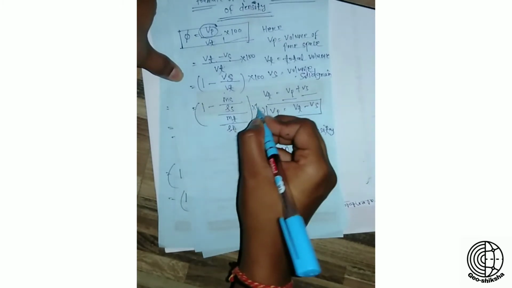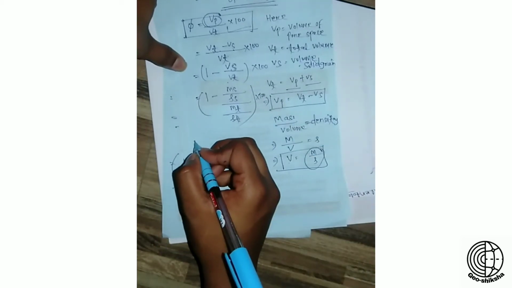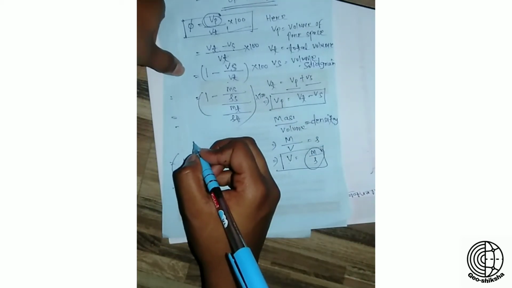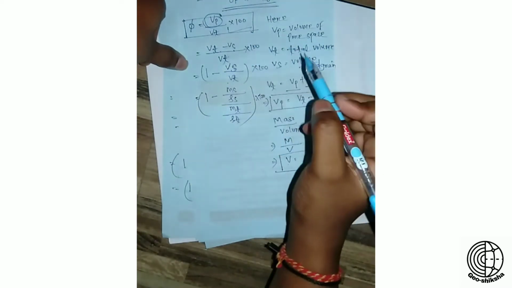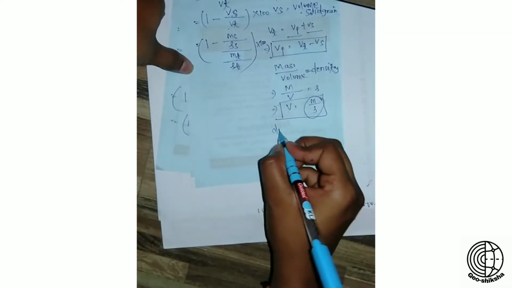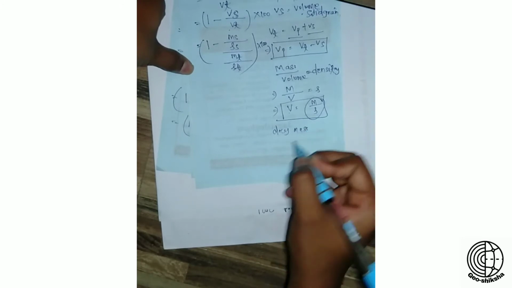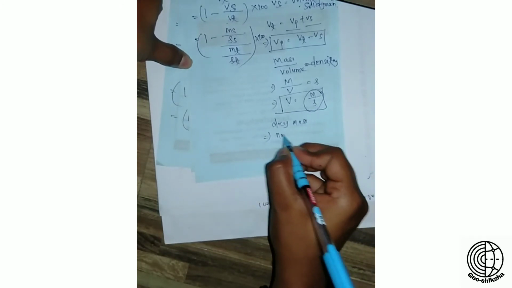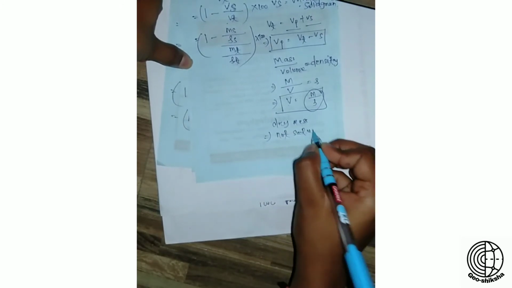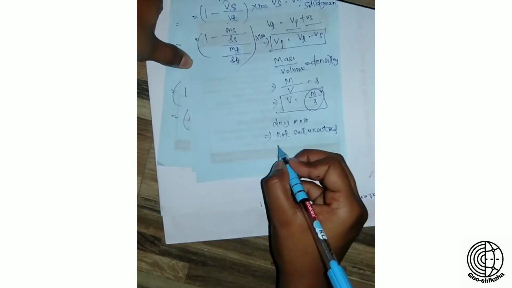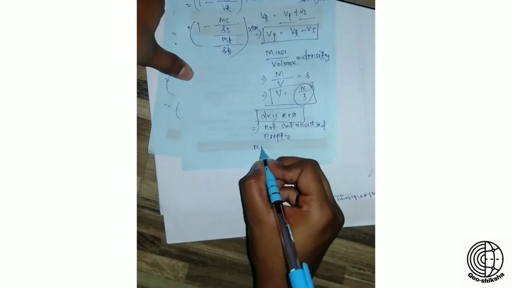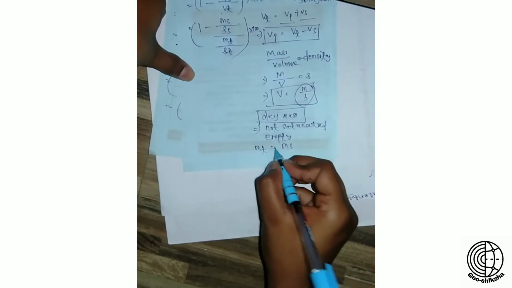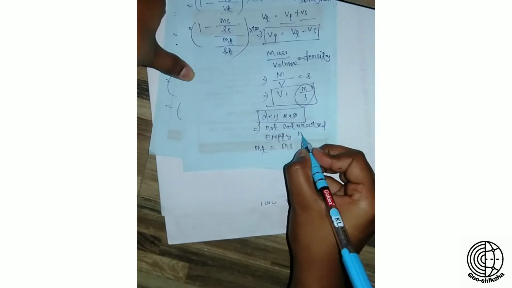This is a very important thing: this density formula is only applicable in the case of dry mass. Dry mass means the body is not saturated, that means the pore spaces are empty. So in the case of dry mass, I can say that the mass of the total body is equal to the mass of the solid grain, because there is no mass of the pore spaces.